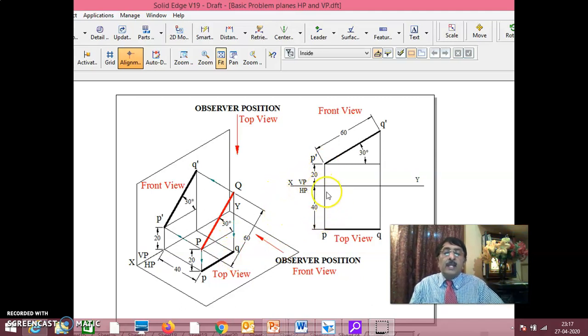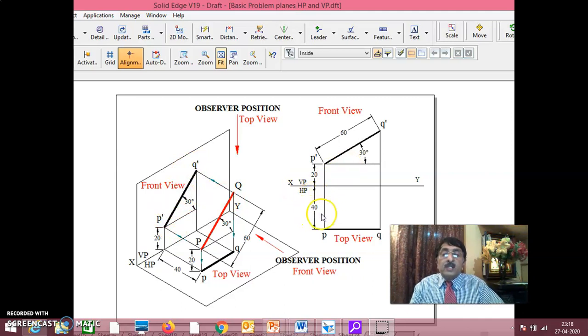Sometimes they say the line is lying in VP and inclined at 30 degrees to HP. Line lying in VP means the 40 mm in front of VP should not be there, because lying in VP means it should be touching VP only.